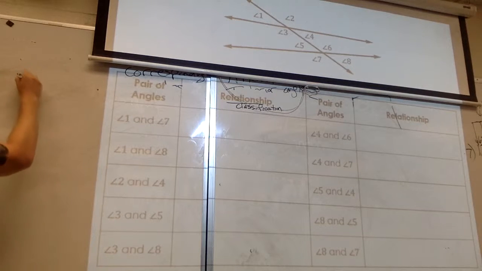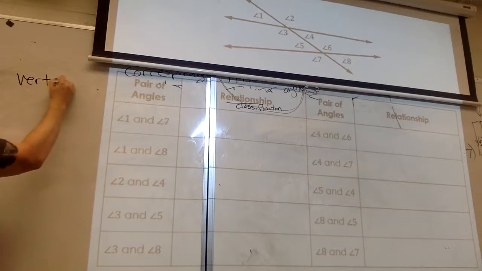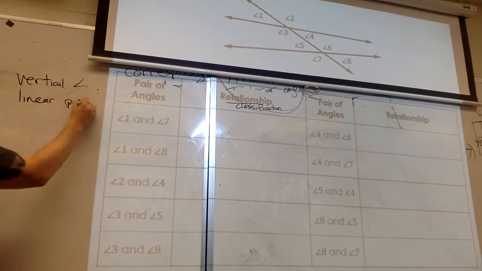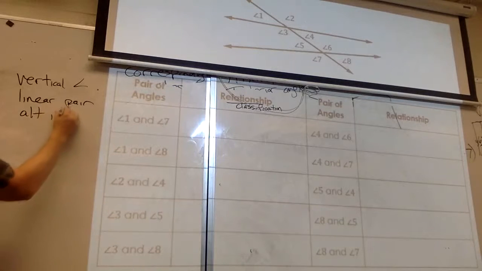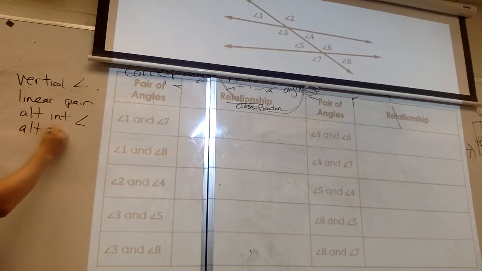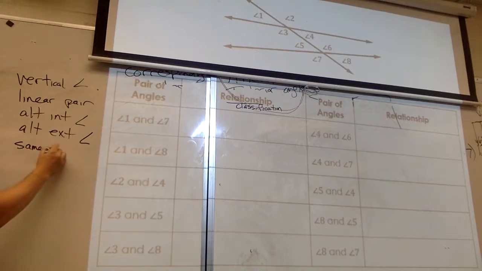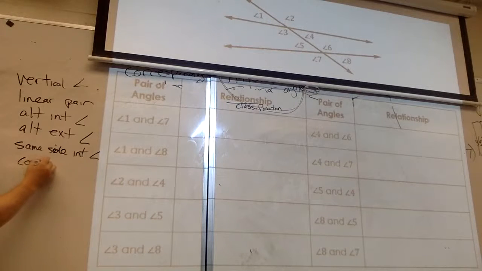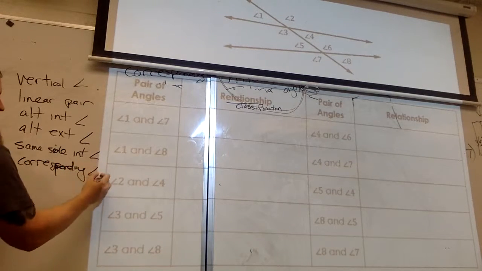I can have vertical angles, I can have a linear pair, I can have the alternate interior angles, which we just did, alternate exterior, same side interior, or corresponding angles.